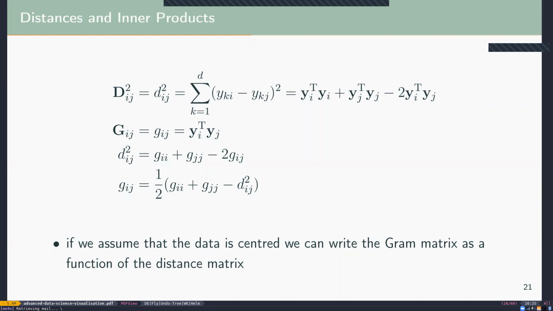We're going to work with something called a Gram matrix, where each ij element is the inner product of 2 points. I can write each of these Gram matrix elements as a function of distances. Distances and inner products are exactly the same thing.